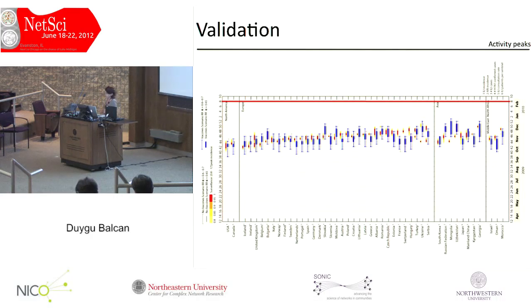You see that the model within the reference ranges is able to predict more or less what was going to happen in those countries, where I am just showing a subset of them.